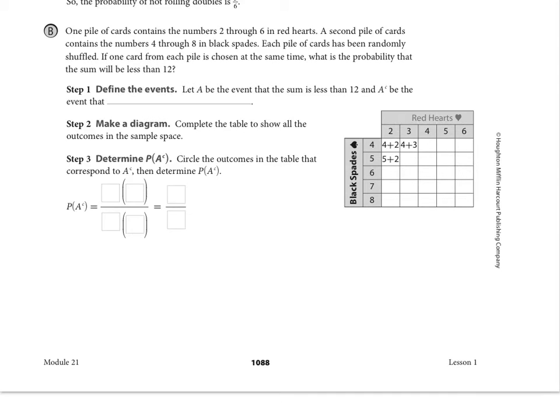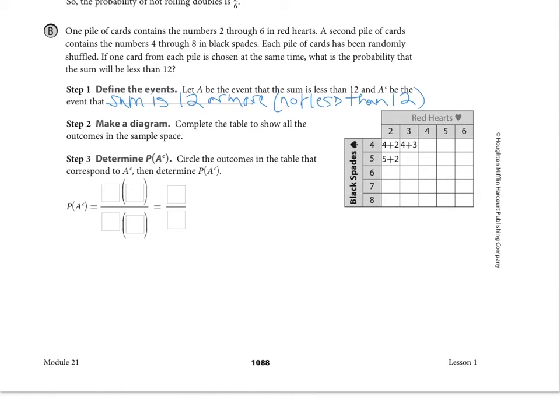Let A be the event that the sum is less than 12, and A complement be the event that the sum is 12 or more. You can also state that as not less than 12.